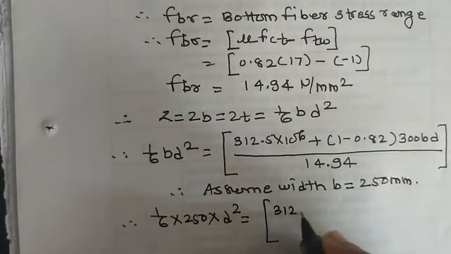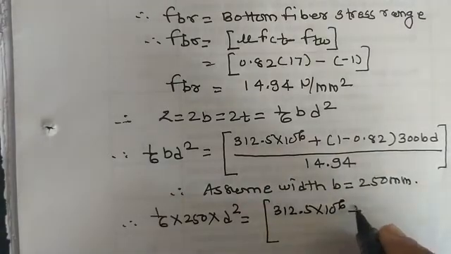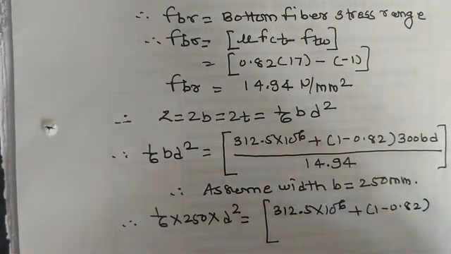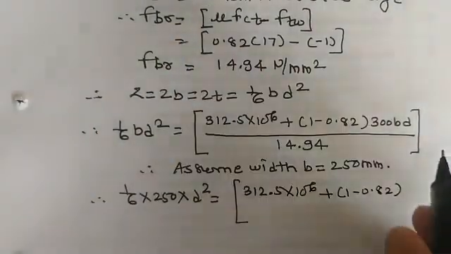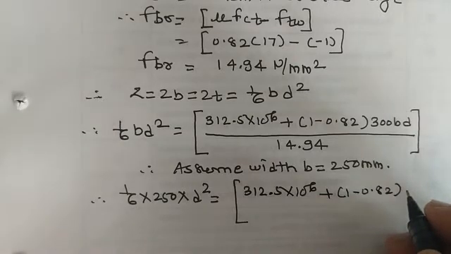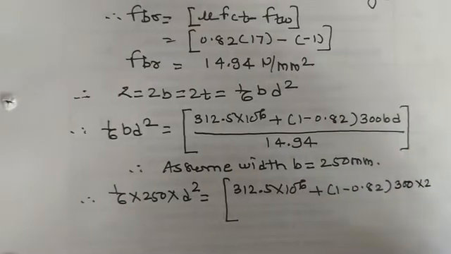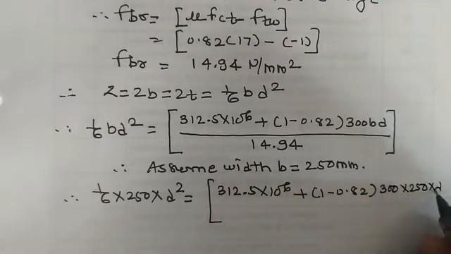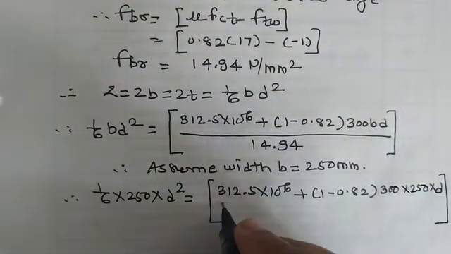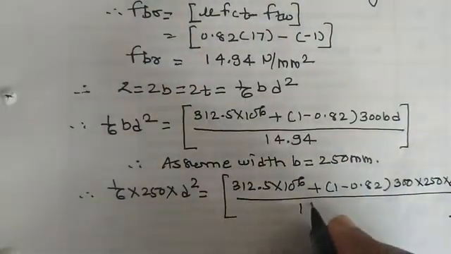It is 312.5 into 10 raised to 6 plus 1 minus 0.82, times 300, width is 250 multiplied by depth, divided by 14.94.